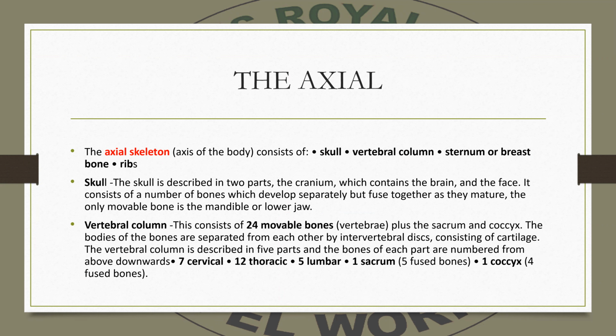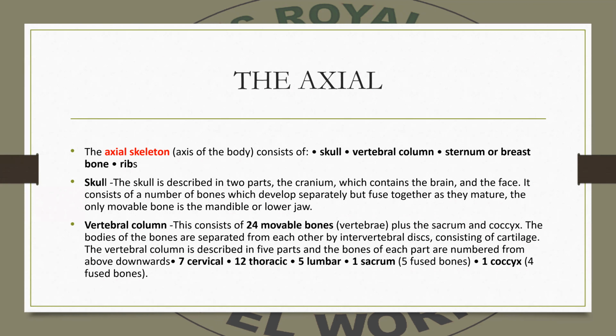You can describe the skull in two parts, starting with the cranium. The cranium is the part that contains the brain and the face. So when you hear about the cranium, just know that someone is talking about this part above the neck, where the face and the brain are.